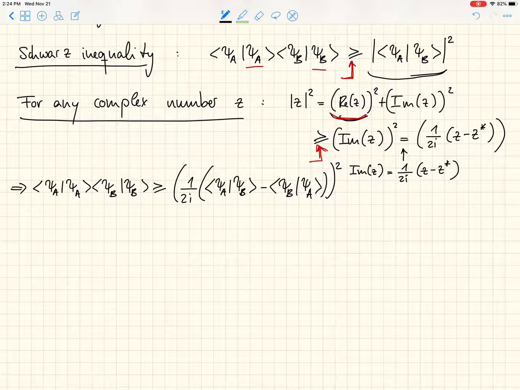Okay, cool. And so now the last step that we need to do is evaluate the inner product of psi_A and psi_B, as well as psi_B and psi_A, those two inner products.